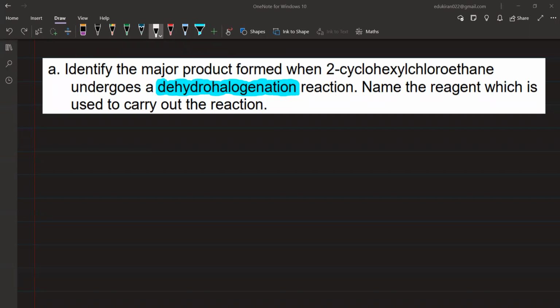At least you can tell me the name of the reagent. What will be the name of the reagent in dehydrohalogenation? Yes, Samira, correct. Adriel, correct. Very good.